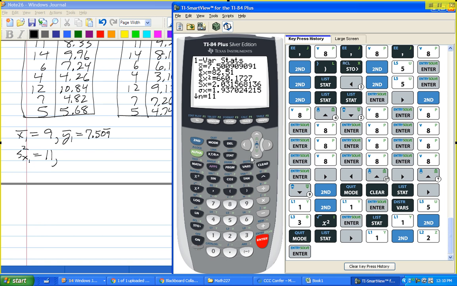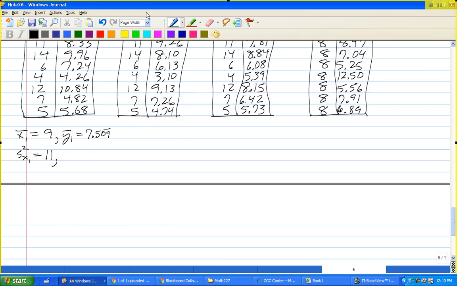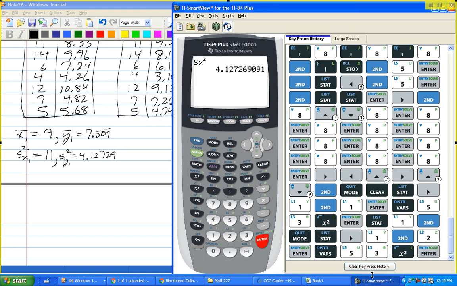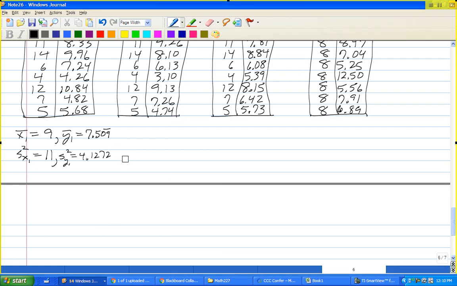And then the variance is 4.127. 269.091.